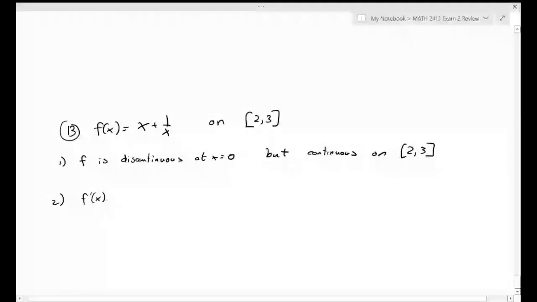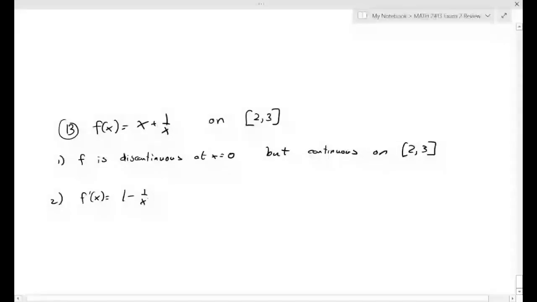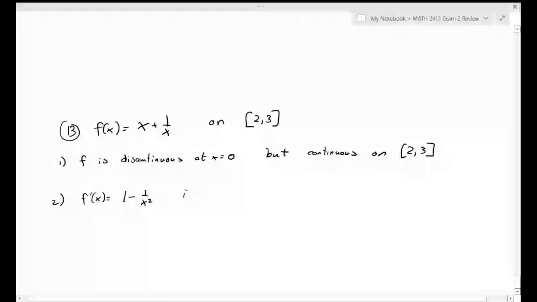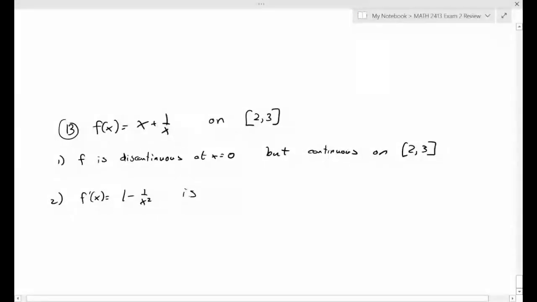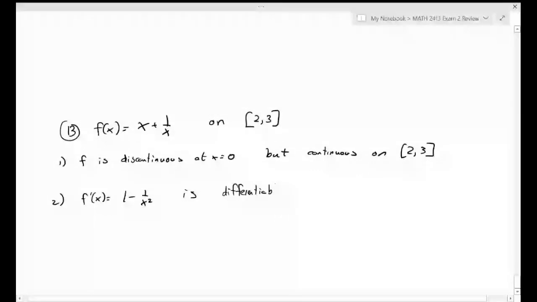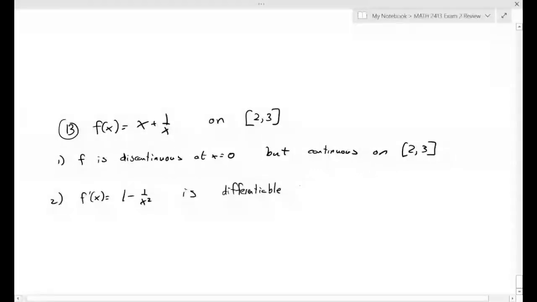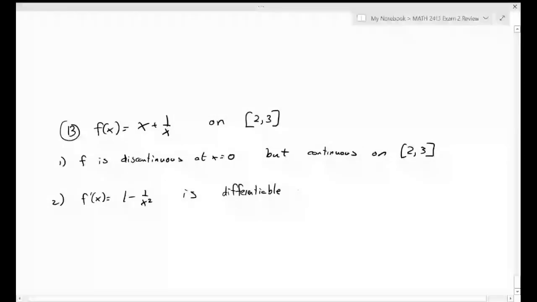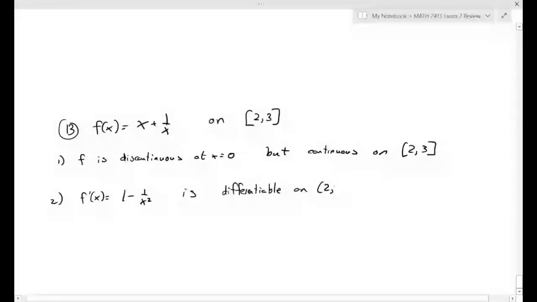Well, let's just differentiate. The derivative is only undefined at, again, x equals 0. The function doesn't even exist there, but at least you want to acknowledge that, even if it's just a simple look at the derivative. It's defined everywhere except for the point which is not in our interval. So the mean value theorem applies.